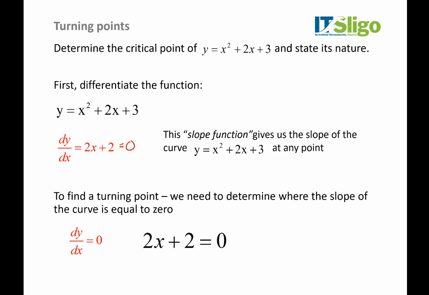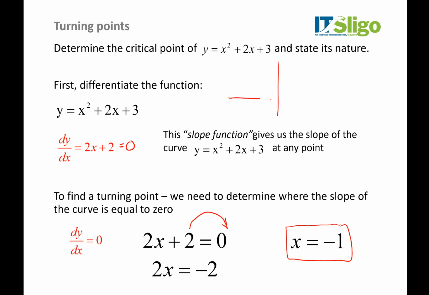And now we solve for x. Bring the 2 over. Divide both sides by 2. And x is equal to minus 1. So what this tells us, guys, is that somewhere along this line where x is equal to minus 1, our turning point is going to be.